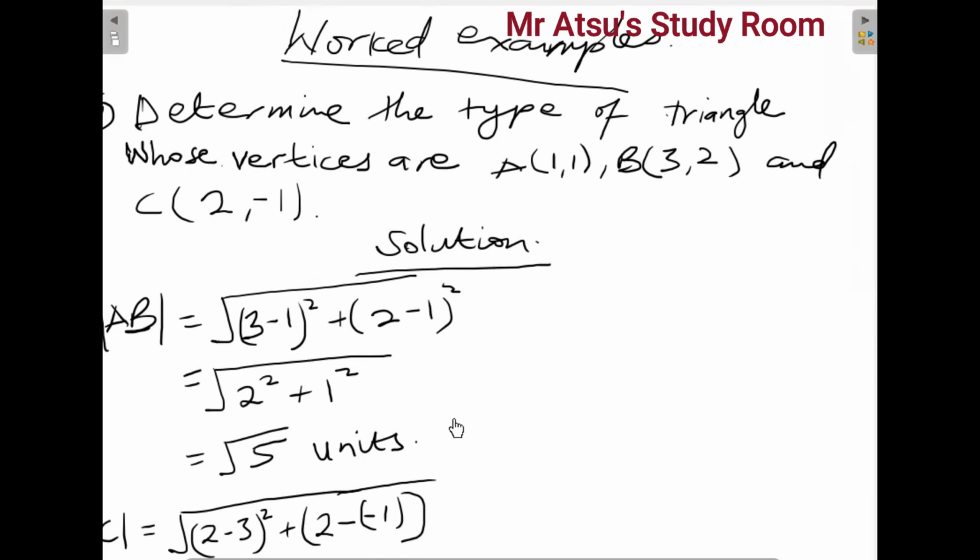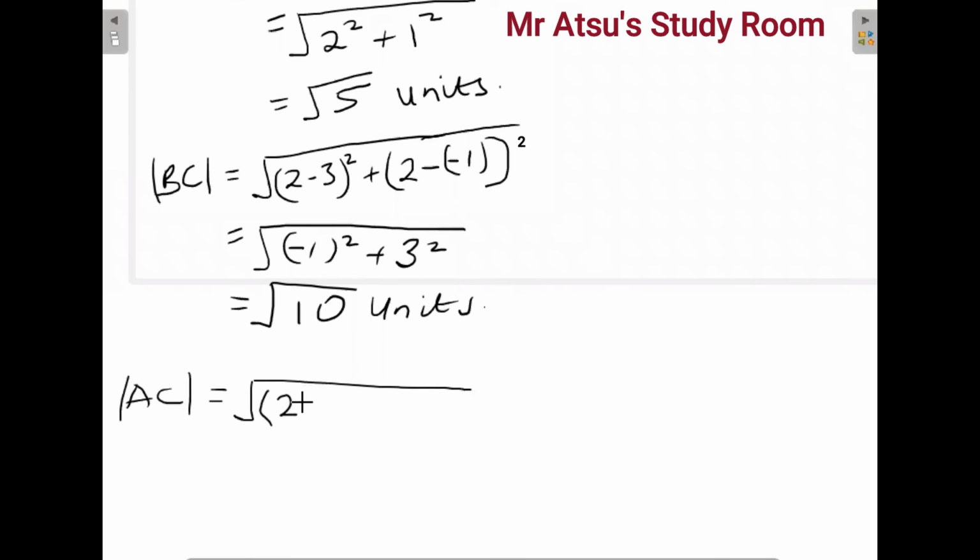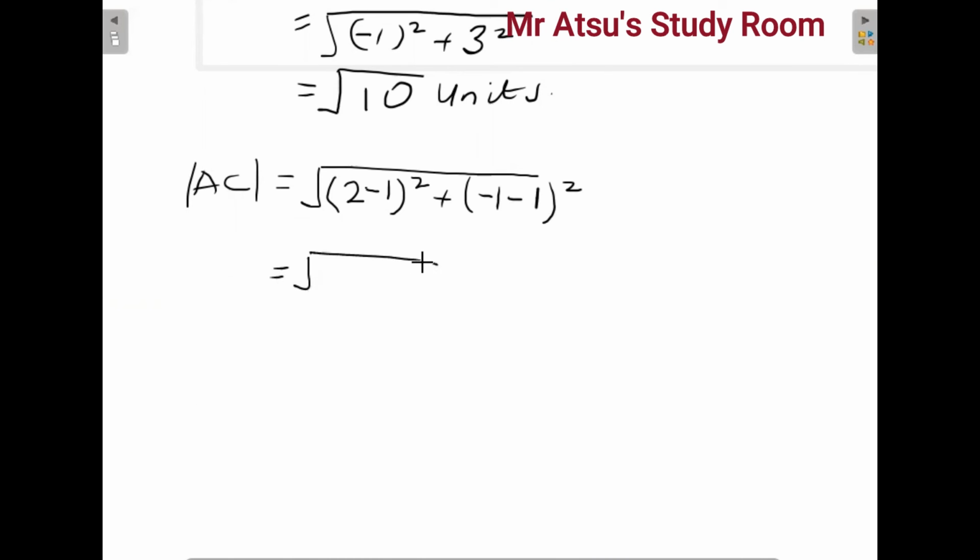Going back into the formula, we get 2 minus 1 all squared plus -1 minus 1 all squared. 2 minus 1 will give us 1, squared, plus -1 minus 1 is -2, squared. 1 squared is 1, and -2 squared is 4. Adding the two gives us square root of 5 units.